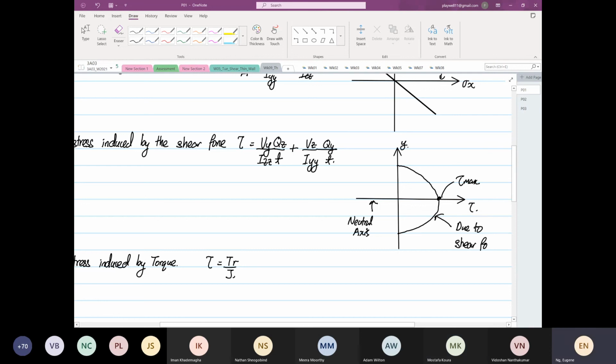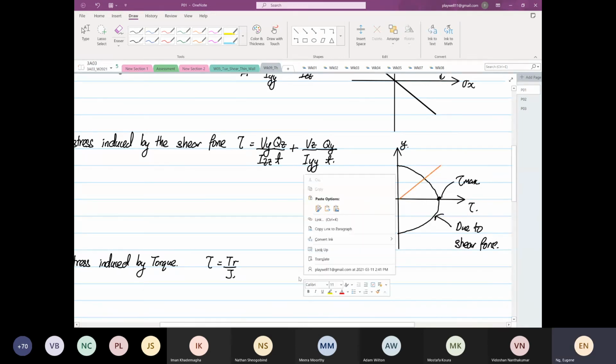Okay, so maximum is where? The maximum will be where? At the farthest, yeah. And now the graph, okay, I'm going to use a different color now. Now the graph looks like this. Am I right?